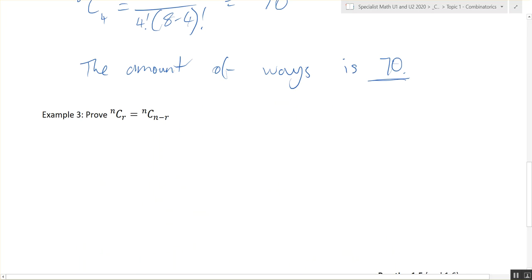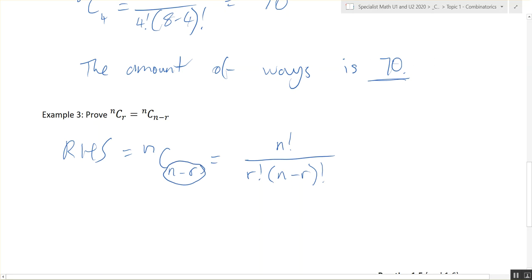The right is something different to the rule, yeah. So the left is just the normal rule. So we work with the different thing. So you usually explain what you're doing, so the right-hand side, we're working with that. So what do you think we would do? Use the formula? Yep. Okay, so instead of an R down here though, we've got an N minus R. So what do we need to do to change it?